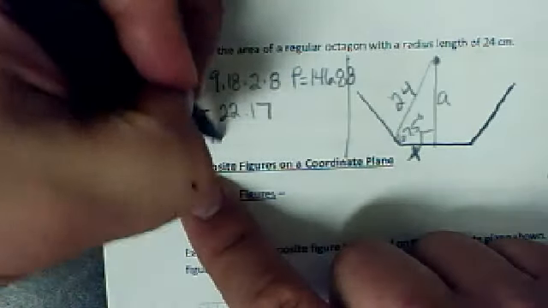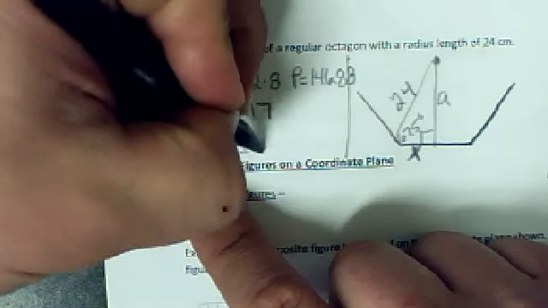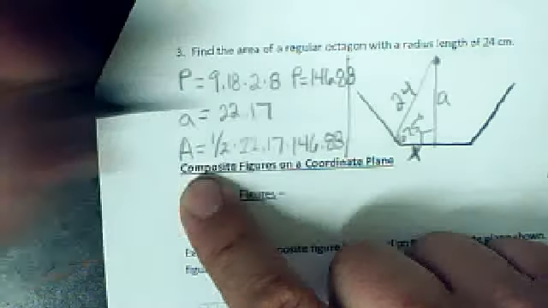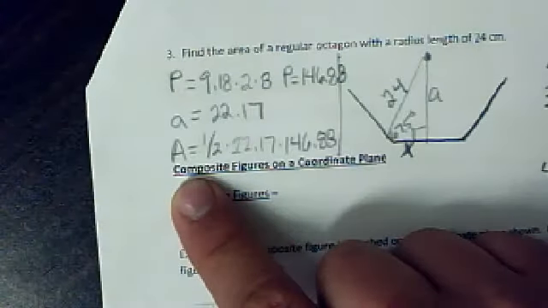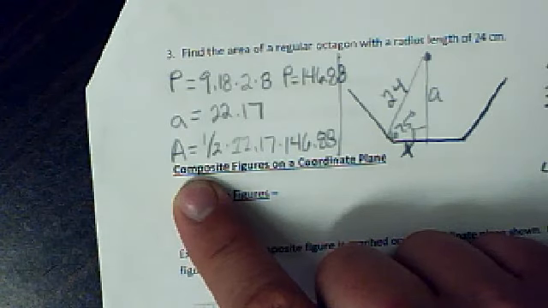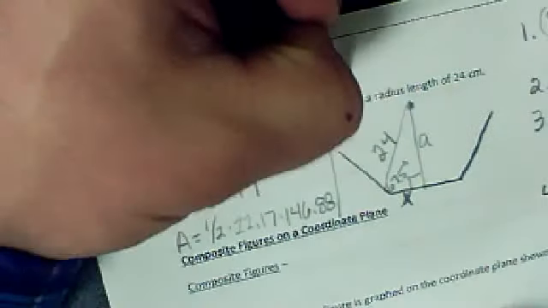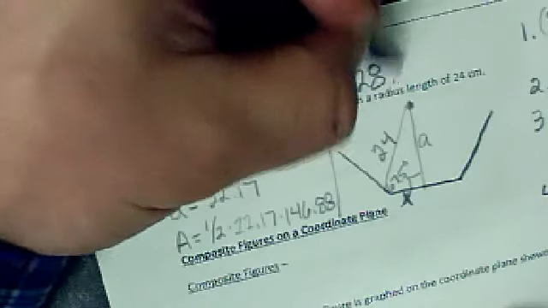Now I have enough information to do area. 1/2 times apothem times perimeter. So 22.17 gets multiplied by 0.5 and gets multiplied by 146.88. So my final area answer for this problem is 1628.16.